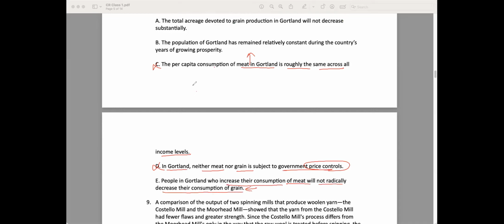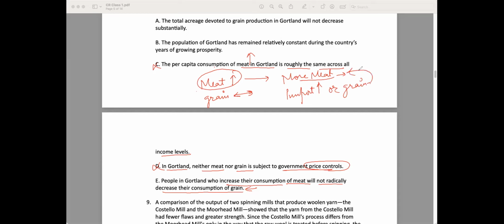So the point is, meat consumption is growing up and grain production is flat. Okay, we can't increase grain production. So we'll have to have more meat. So either we'll have to import meat or import grain, and from grain we'll make more meat.